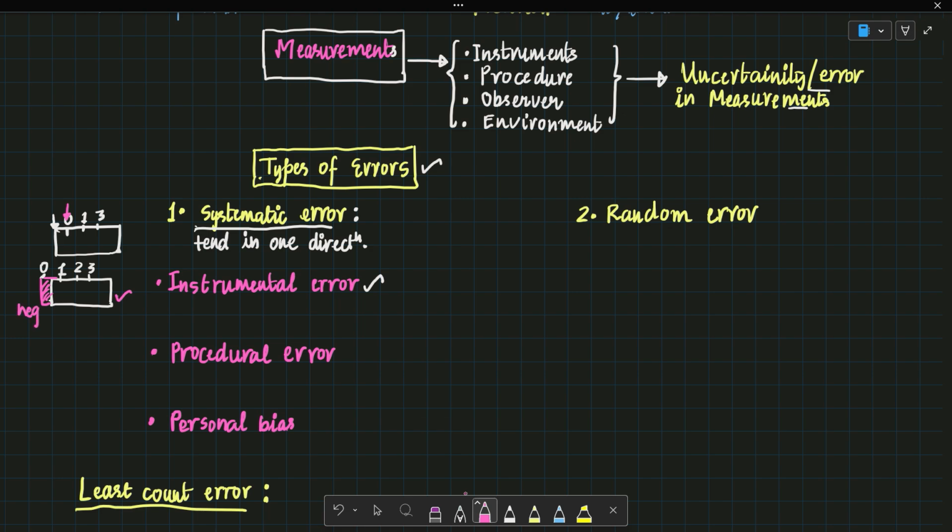So because of this, instrumental error, negative zero error. So in systematic error, the error tends to be in one direction. Whenever you are using an instrument that is faulty, or worn off, or has some graduation marking error, there will always be this much error, negative error, or positive zero error.